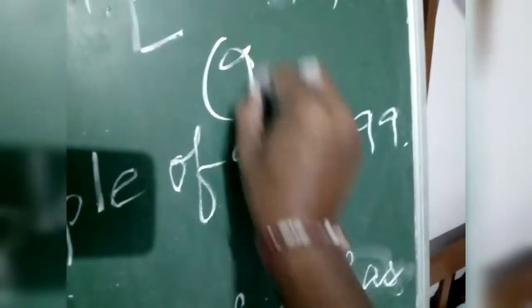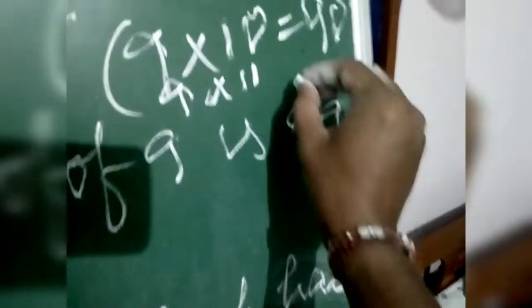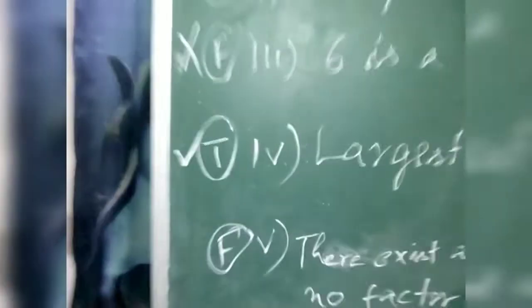The multiplication table of 9: 9 into 10 is 90, and 9 into 11 is 99. Beyond that, it's three digits. So obviously it's 99, and this one is also correct.